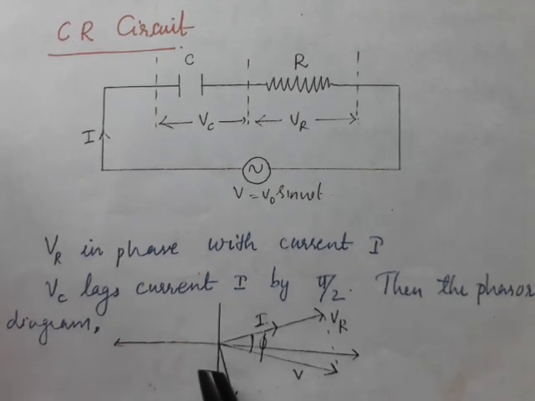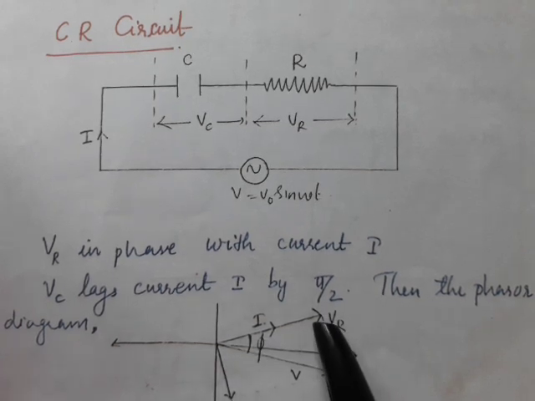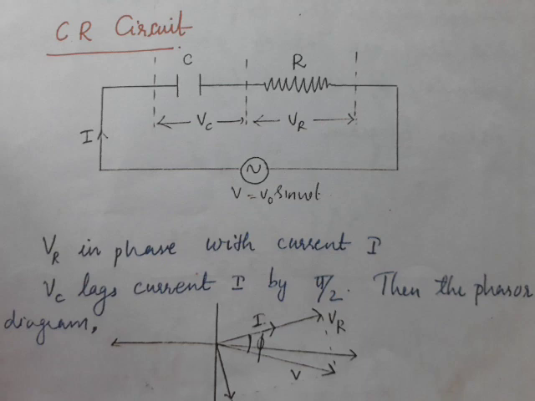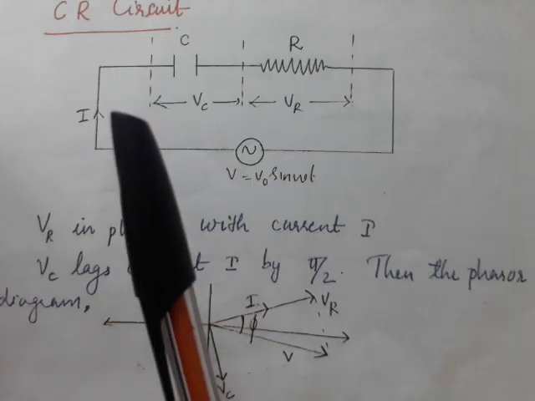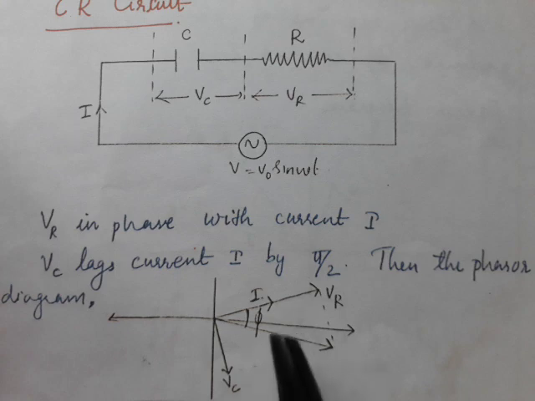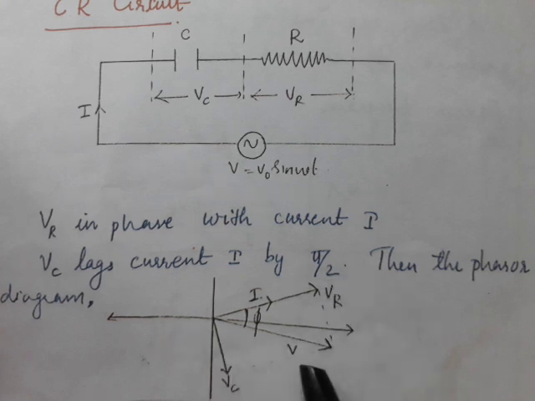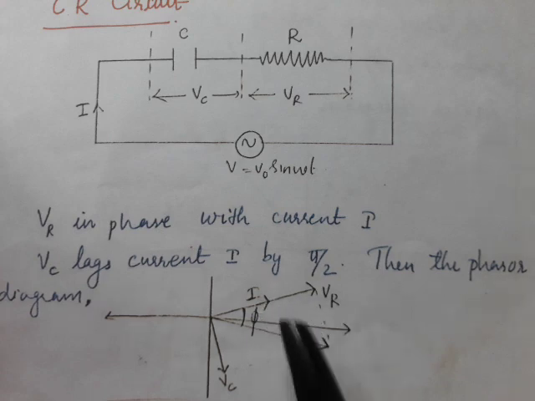So from here, 90 degrees back from VR or from the current, is VC. Now we make the resultant, V, marked here, and there is an angle phi from the current to the resultant voltage.